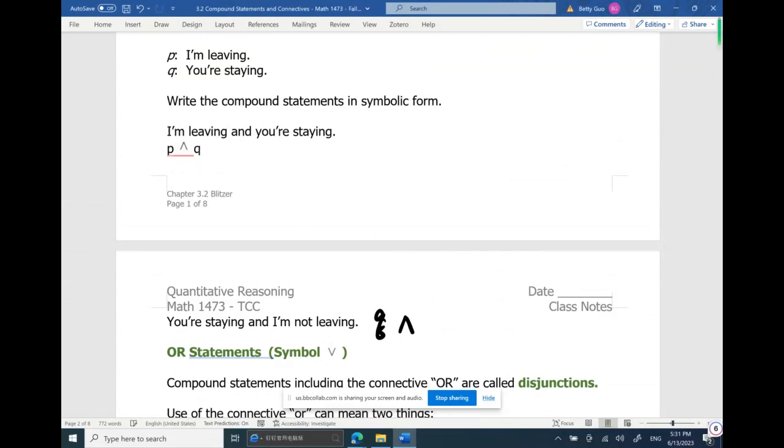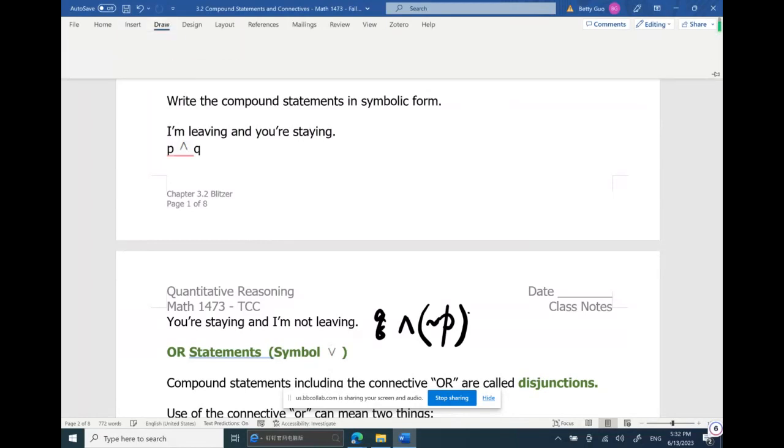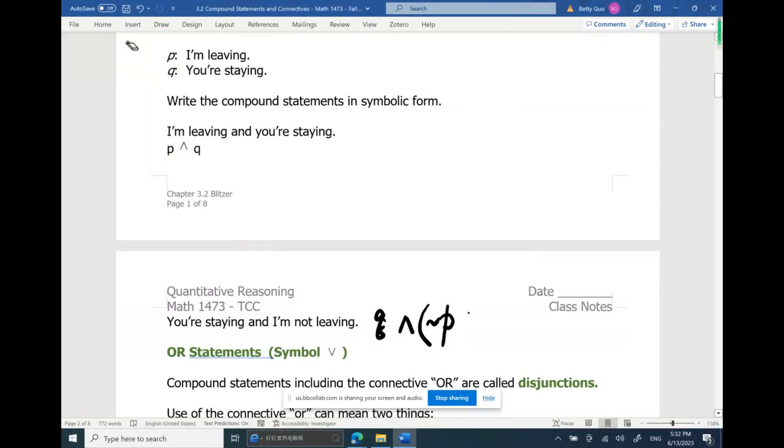I'm leaving is P, so I'm not leaving is not P, the negation of P. So the symbolic form of this compound statement is Q and not P. Here you can put a parenthesis or not, they mean the same thing. Technically, we do not need a parenthesis.